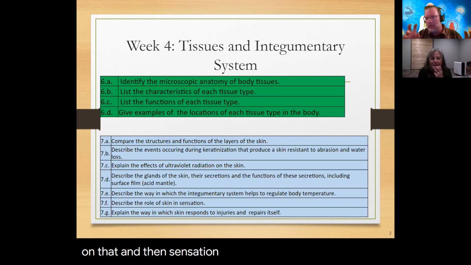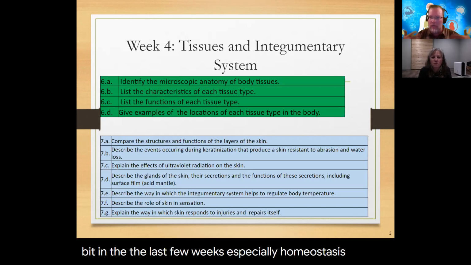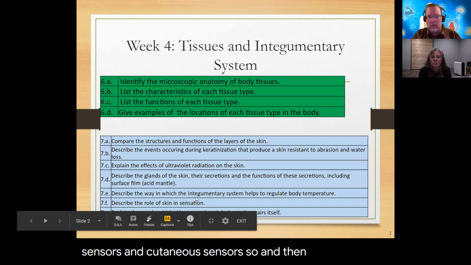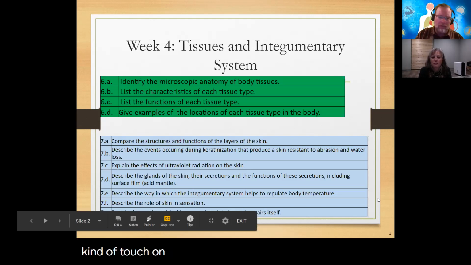We have touched on that in the last few weeks, especially homeostasis. We're talking about cutaneous sensory, as well as the hyperthermia case study, where we talked about heat sensors and cutaneous sensors. Then we spend a couple of weeks on the nervous system, so we're just going to touch on that briefly. And then lastly, we'll talk a little bit about tissue repair and skin repair.